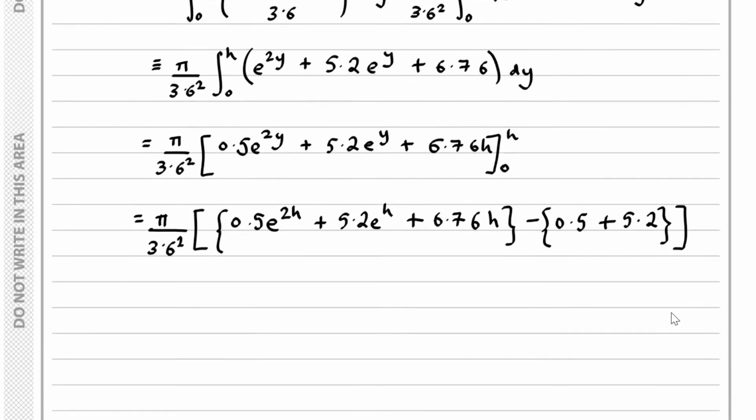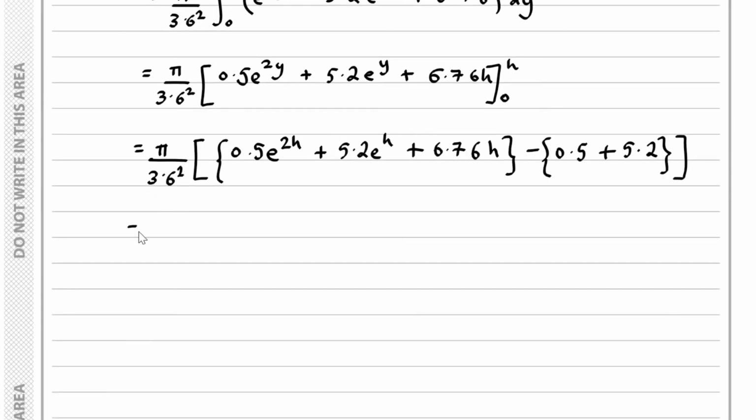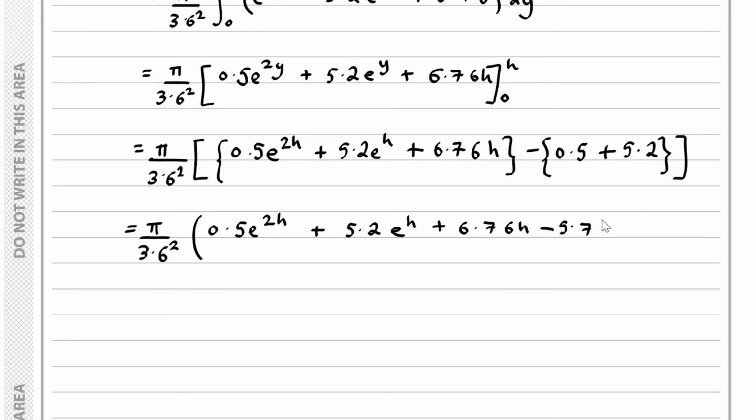So therefore it turns out we get pi over 3.6 squared lots of 0.5 e to the 2h plus 5.2 e to the h plus 6.76h minus 5.7.